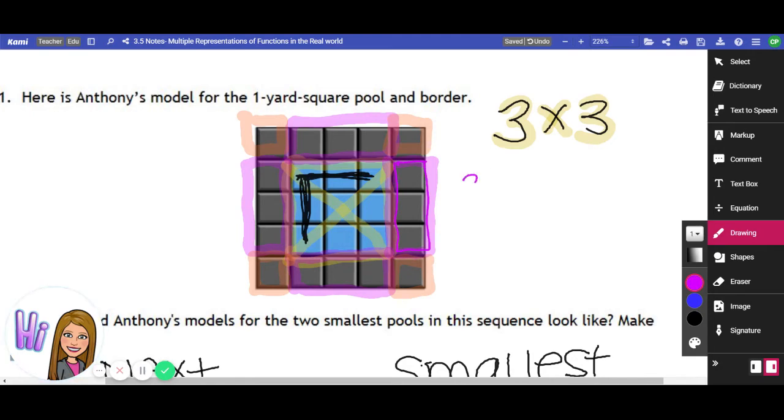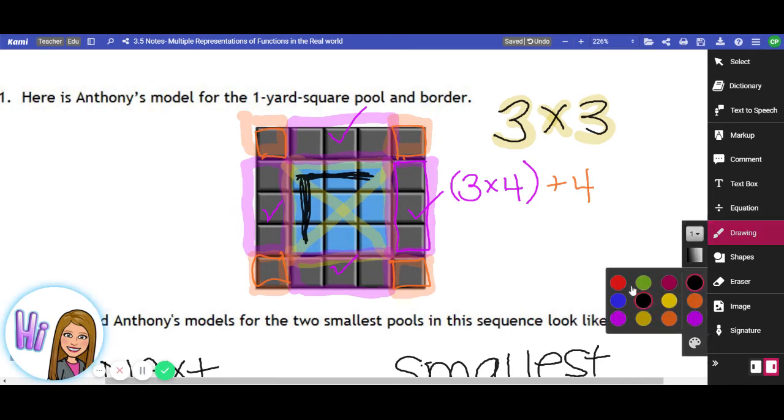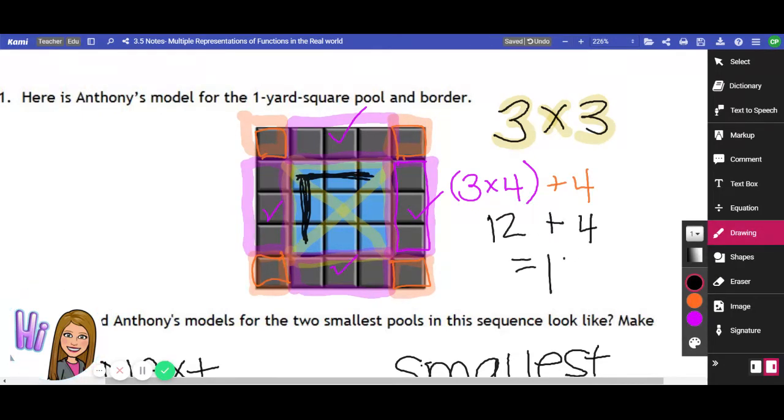So we've got 3 of these, and we've got 4 because we have 1, 2, 3, 4 of these. And then we've also got those corner pieces. So in addition to that, we've got to add in all 4 of these corner pieces. So we're going to add 4. So when we do 3 times 4, we get 12 plus 4, which is equal to 16.